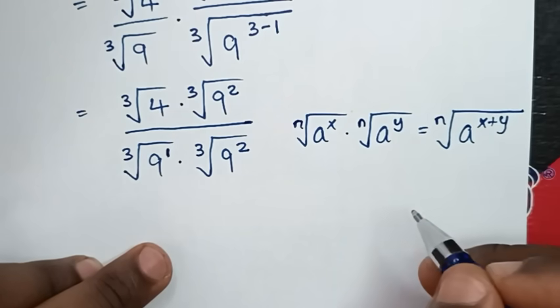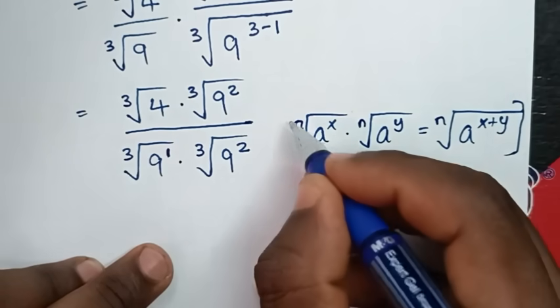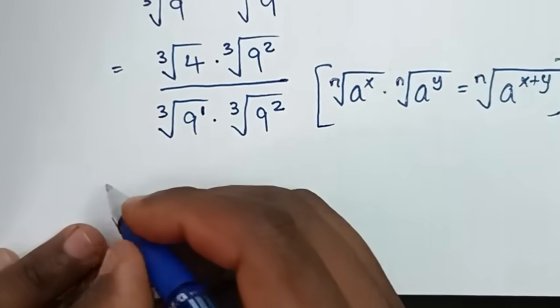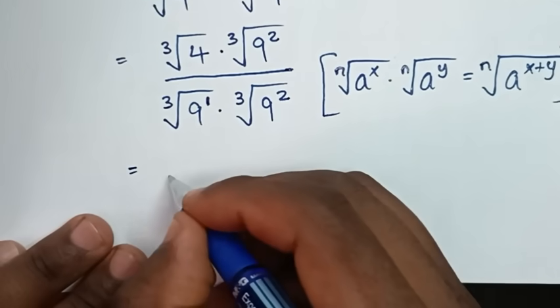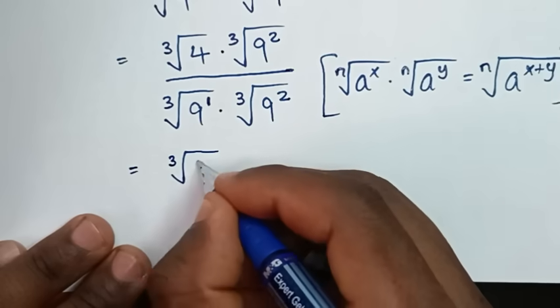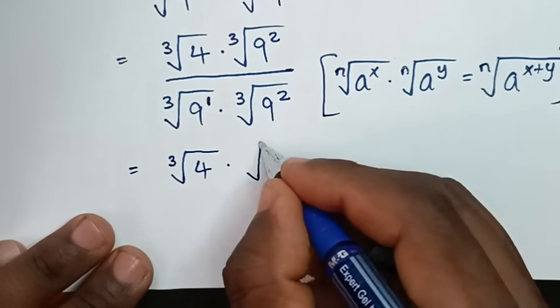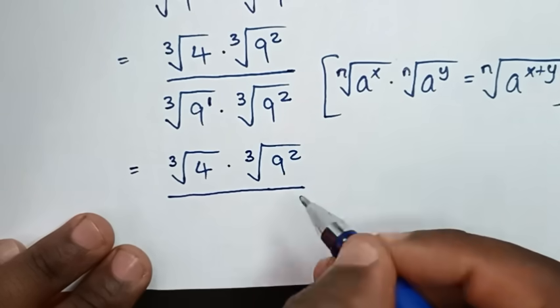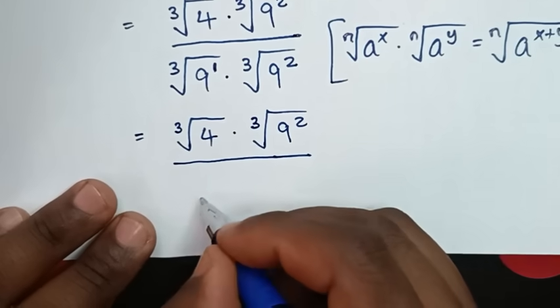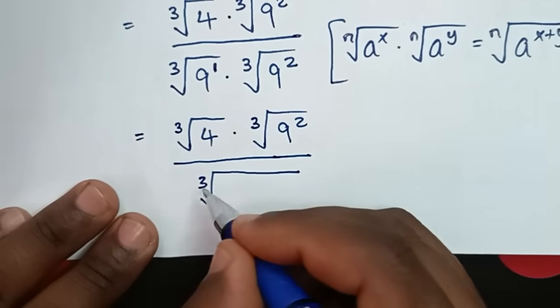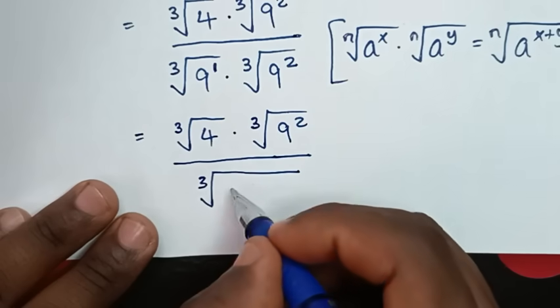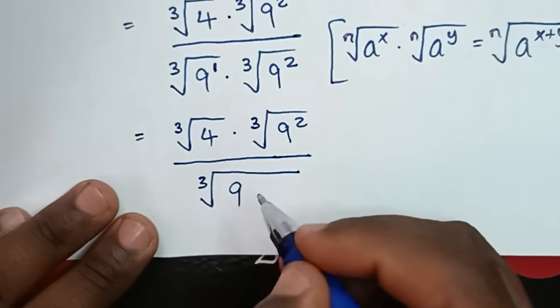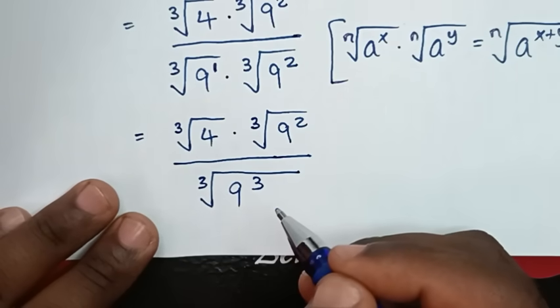So by applying this rule, it will be equal to the third root of 4 times the third root of 9 squared over the third root of 9 power of 1 plus 2, which is 3.